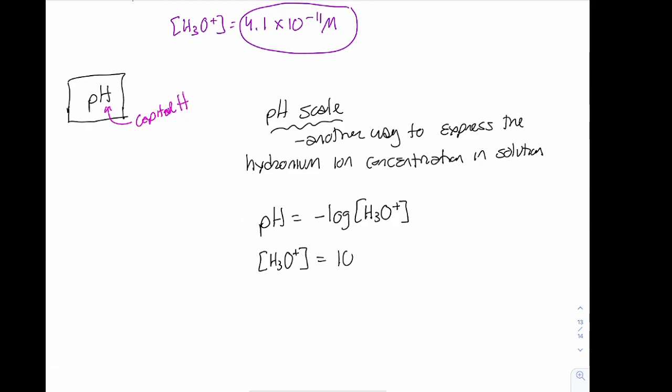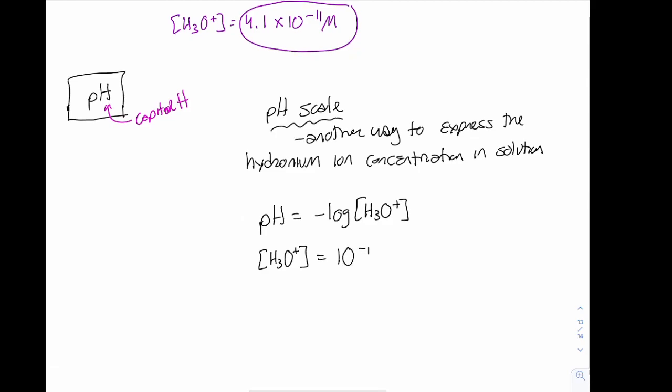So 10, because it's log base 10. And then again, be careful, there is a negative here. It's the negative log. So to the negative of my pH. So take 10 and raise it to the negative of your pH.